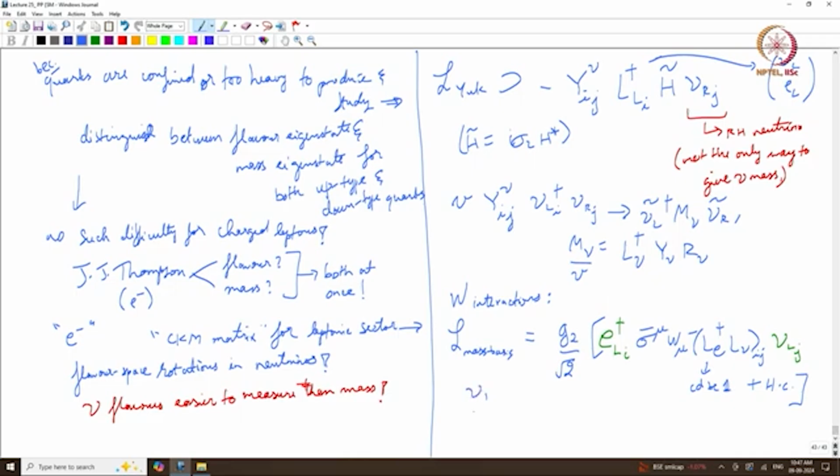I am going to conclude this lecture by writing down the mass basis in terms of the flavor basis, and that matrix that I hit it with is called the PMNS matrix.